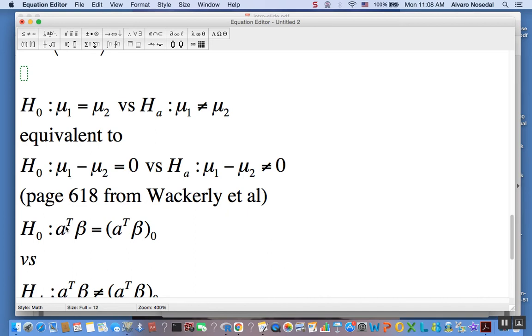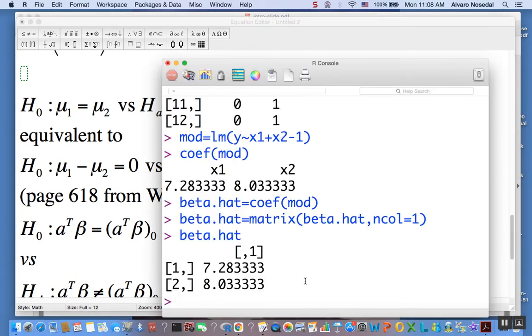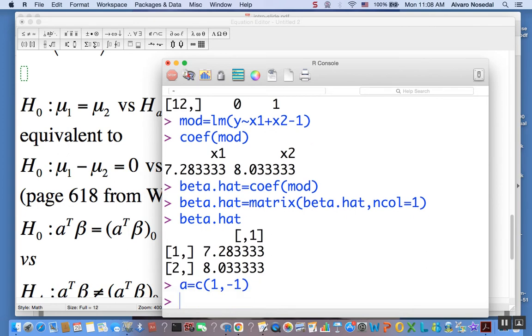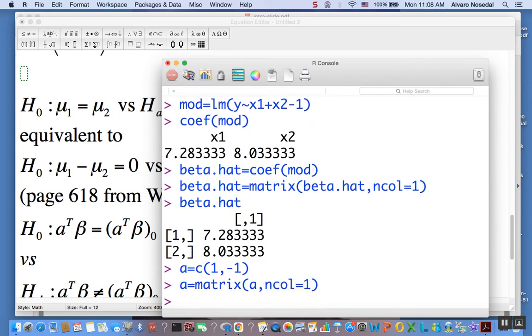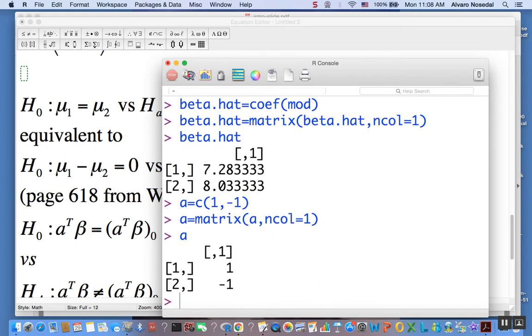That would give you what you want if A transpose is 1 minus 1. Okay? So the vector A is c, to combine those guys, 1 comma minus 1. Let's make sure that R knows that we want that guy to be treated as a vector or as a matrix. So it is exactly what we want.